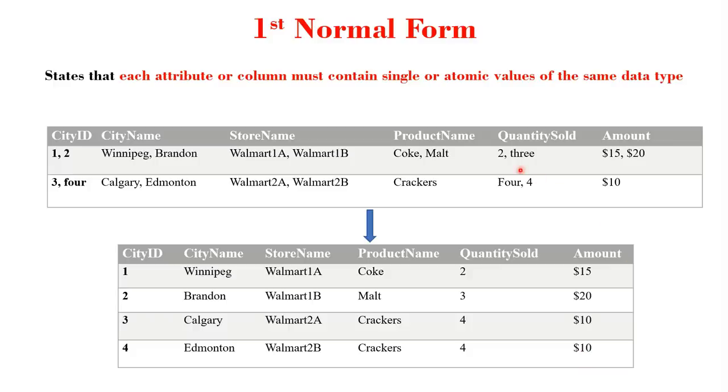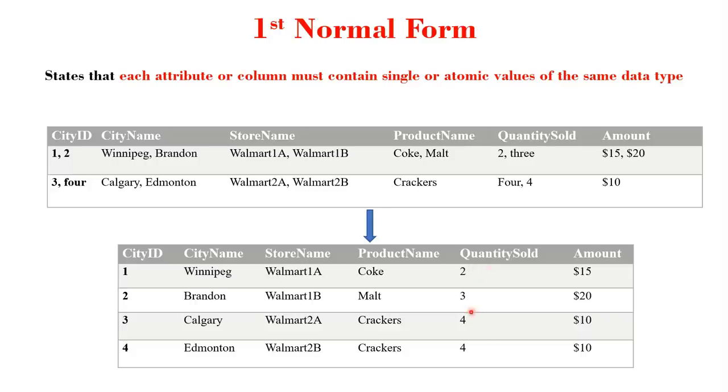Under quantities sold, we can see that there are 2 quantities represented here. One of the values is an integer and the other is a text. We need to maintain the same data type for our table to be in the first normal form. So as you can see, I've stuck to just one data type in this particular quantity sold column.